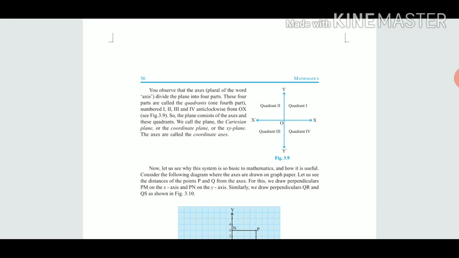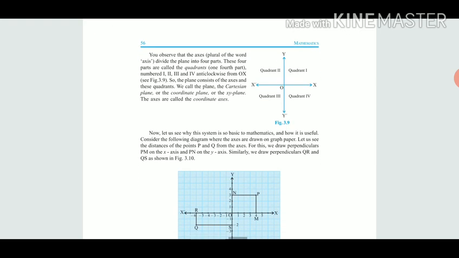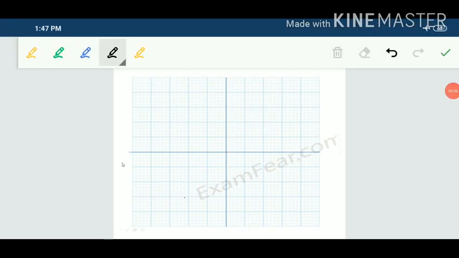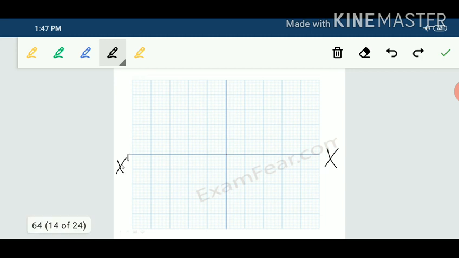Now we will discuss how to find the position on the Cartesian system. For this we will take one Cartesian plane. This horizontal line is x dash and the vertical line is y dash. The point where these two lines intersect is known as the origin O. On the right side of the origin, the value of x is positive, so here is 1, 2, 3, 4.